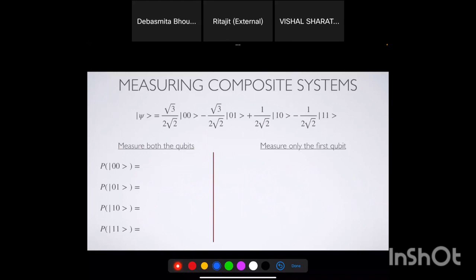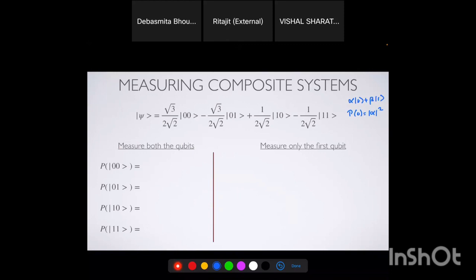Now, what happens if we measure the composite system? So suppose here is a system. It's a 2-qubit system and it's in a superposition state. What happens if we measure the state 0, 0? So remember, when we are measuring alpha 0 plus beta 1, the probability of getting 0 was mod alpha squared.